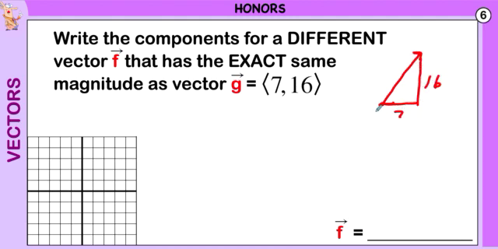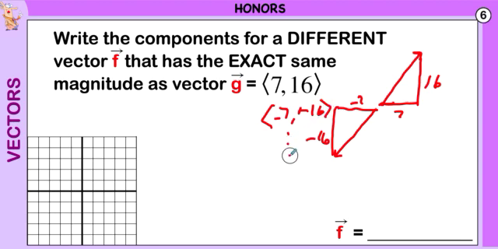If I were to go exactly opposite, coming down this way, then this would be -7, -16. And so I know I have one vector here that I just change everybody's sign.